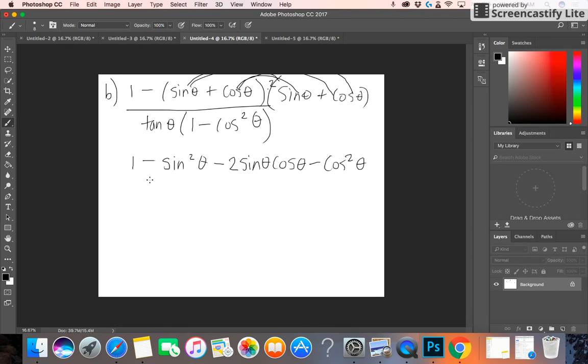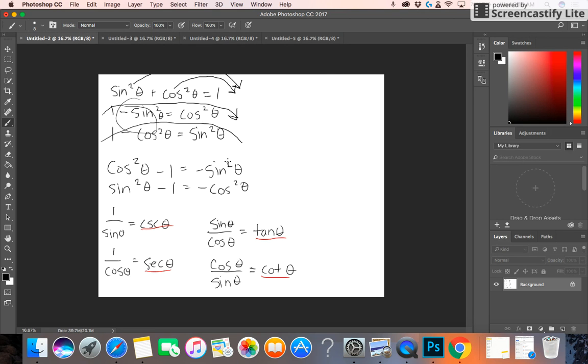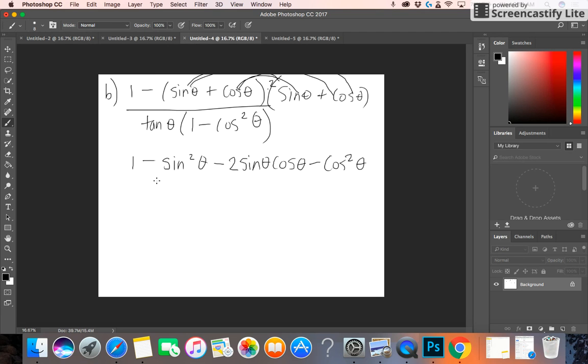Like we learned before, the 1 minus sine squared right here can be turned into a cosine squared. So it'd just be cosine squared minus cosine squared, and they would cancel out.